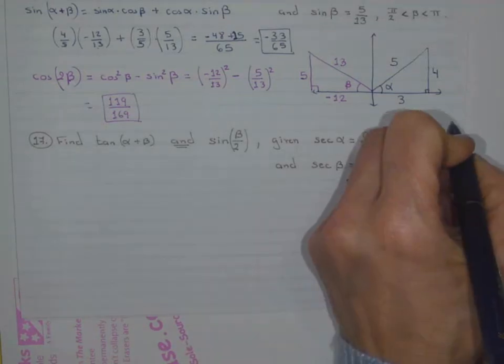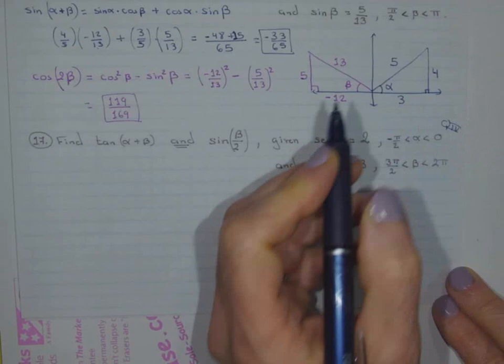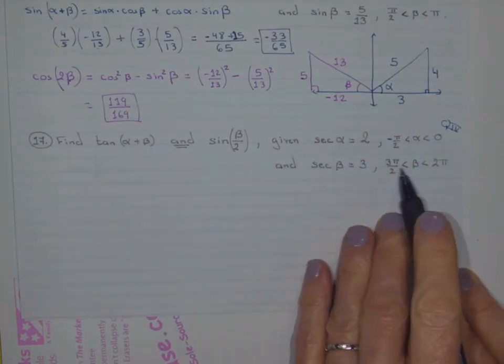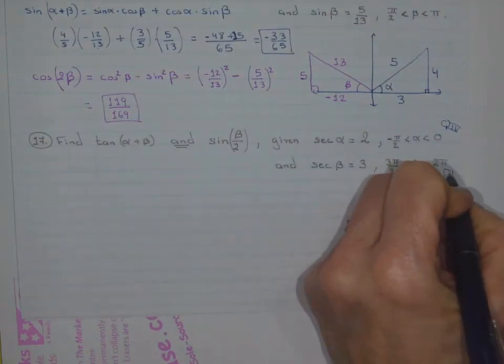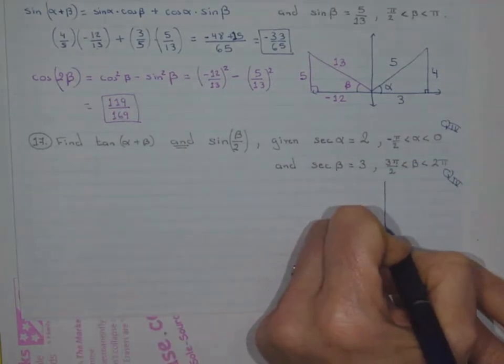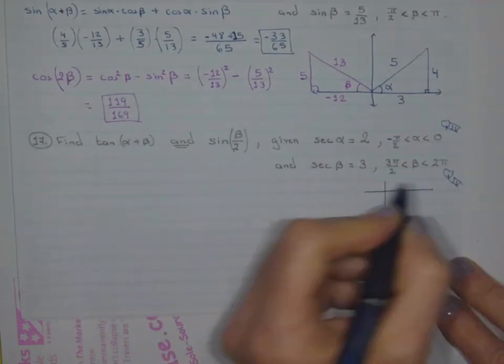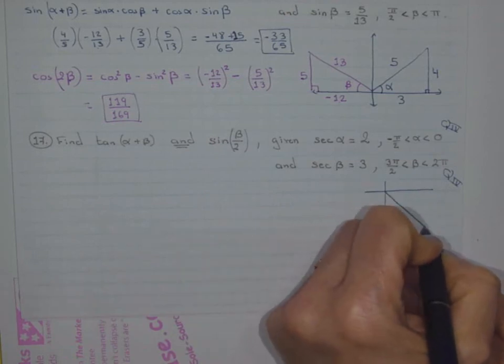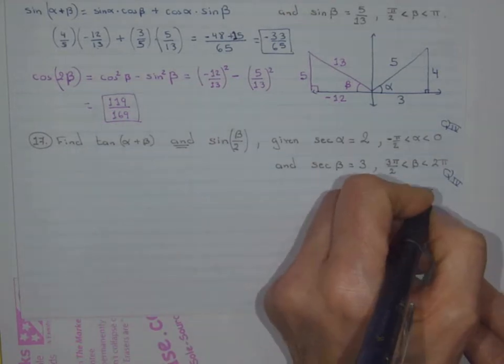So that just tells you you are in quadrant 4. This one is between 3 pi over 2 and 2 pi, and so that is also in quadrant 4. So we're going to do two different sets of axes so that we can put them both in quadrant 4.